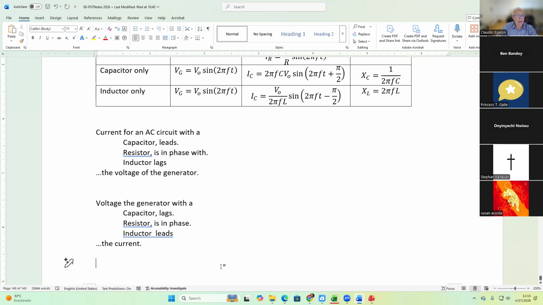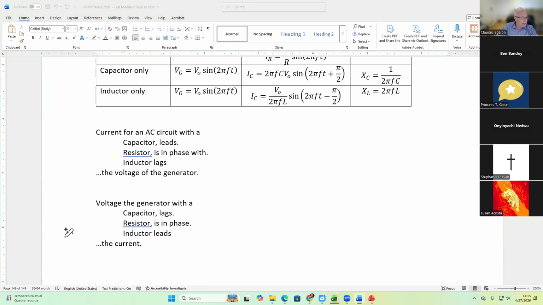If the current leads the voltage of the generator whenever you have a capacitor in the circuit, we can say the opposite as well: the voltage lags the current in a circuit that has a capacitor. And the same applies to the inductor.